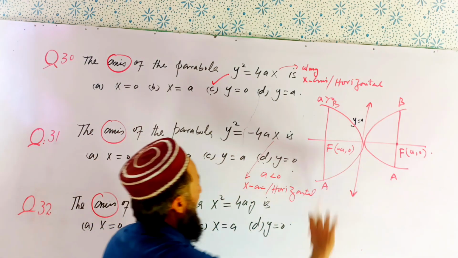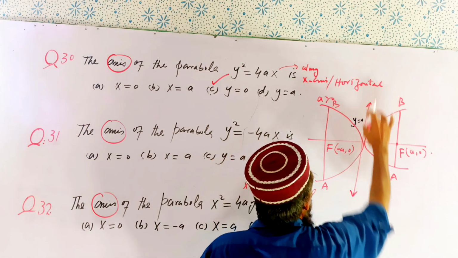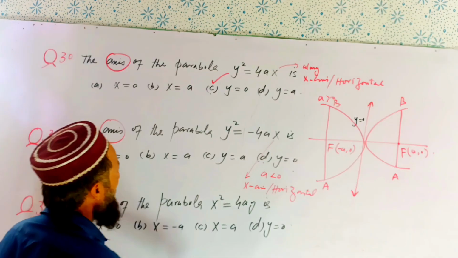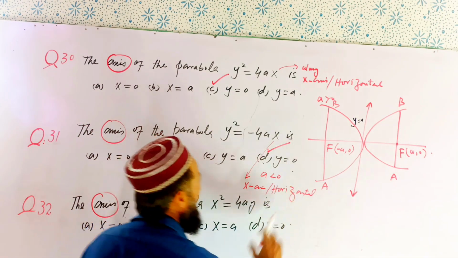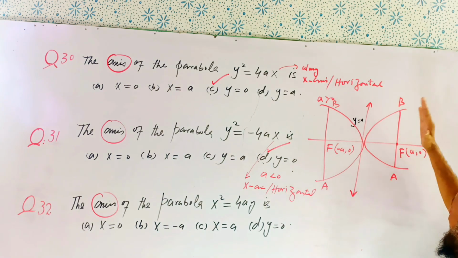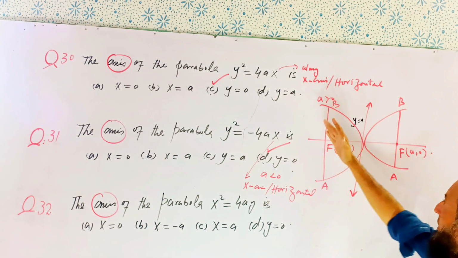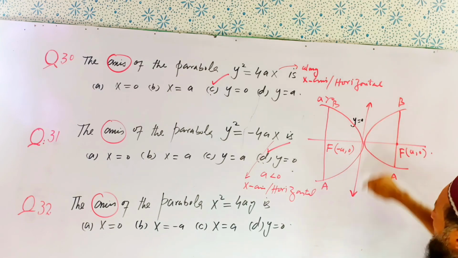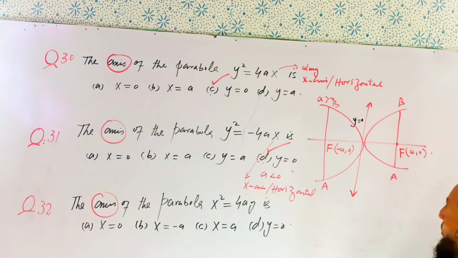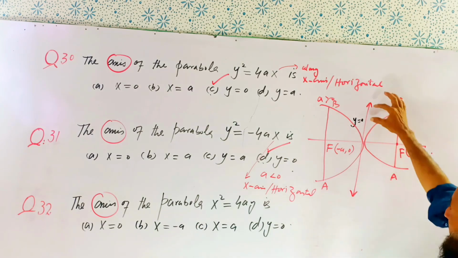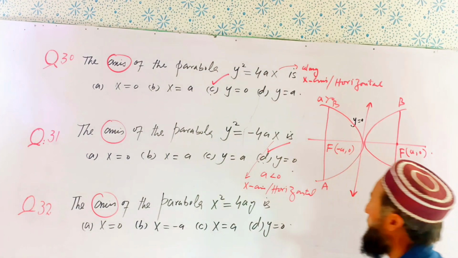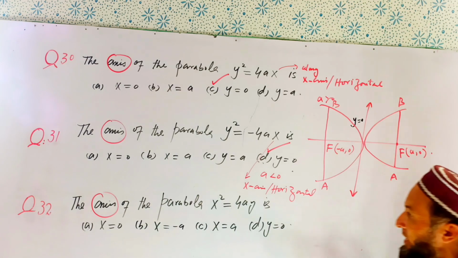Now we put the line y is equal to 0 again. There will be no effect on the parabola, whether it is on the right side or the left side, as the parabola is along the x-axis. This line intersects the principal axis, so put y is equal to 0. So option D is the correct answer.